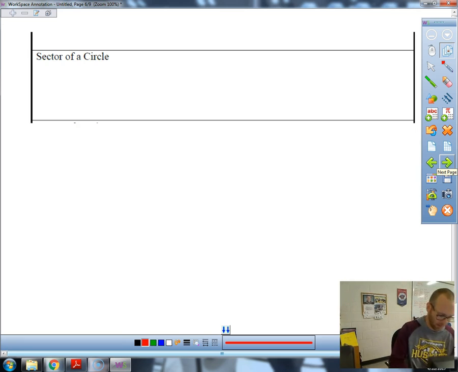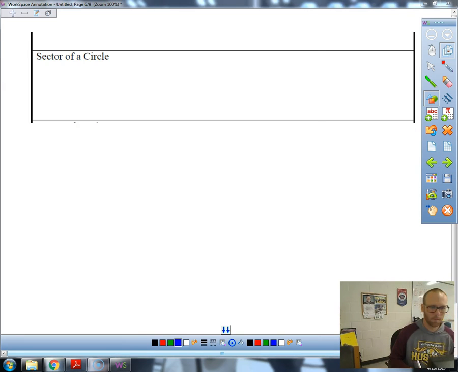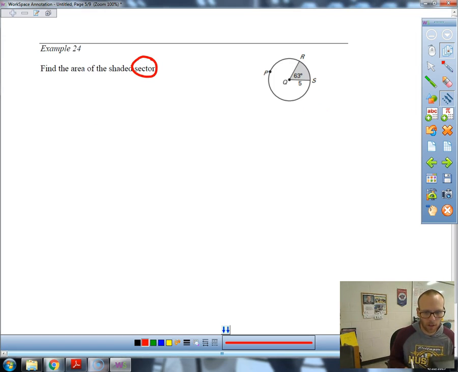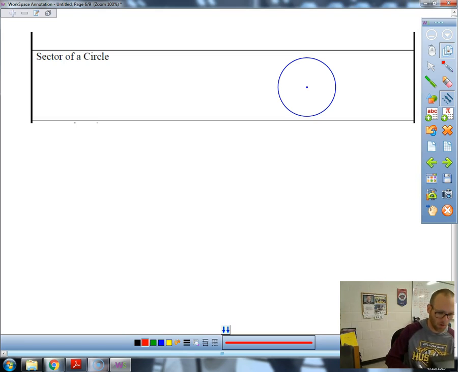What is a sector? Well, let's draw a picture. We've got a circle. Looking back at this one, this region right there is a sector. How is that region defined? It's defined by this arc, and then it's defined by these, which are 2 radii. So if we draw our picture, let's draw in the radii.